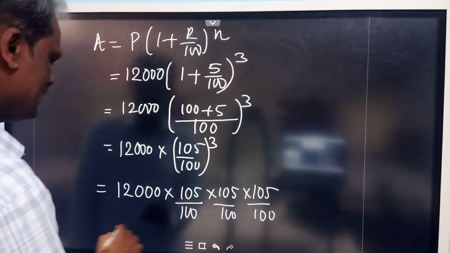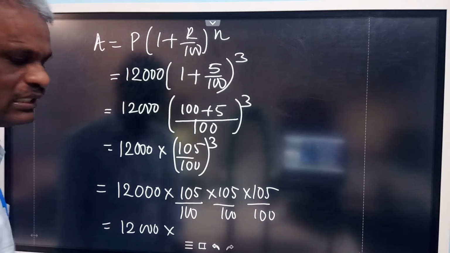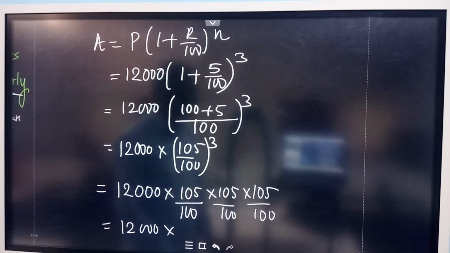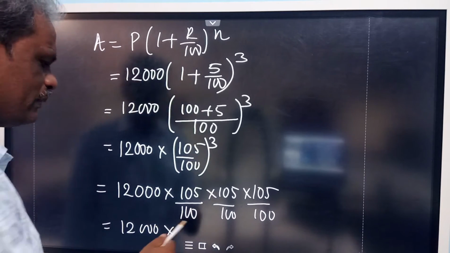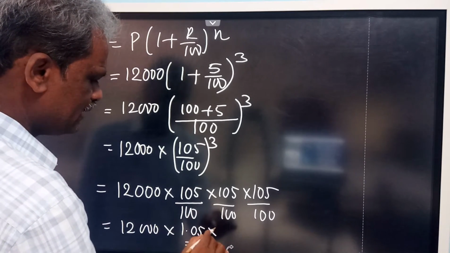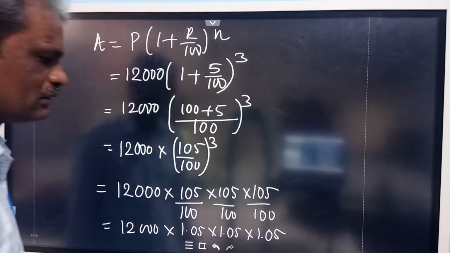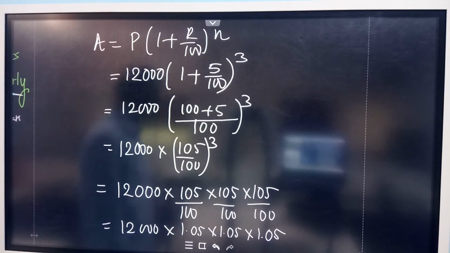You can simplify like this. When the denominator is 1 followed by zeros, you can shift the decimal point. It becomes 1.05 into 1.05 into 1.05. Multiply these 3. So what is the amount you are going to get?